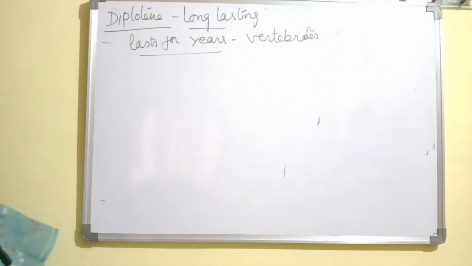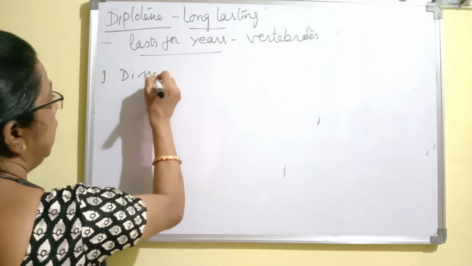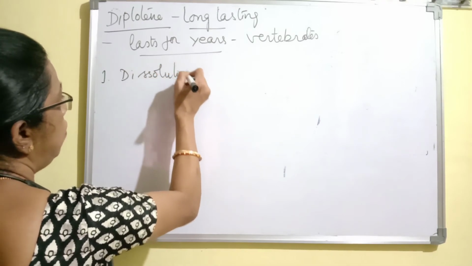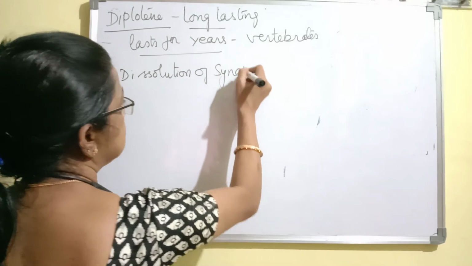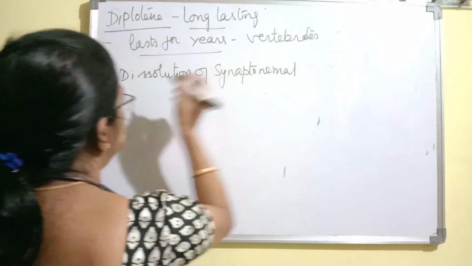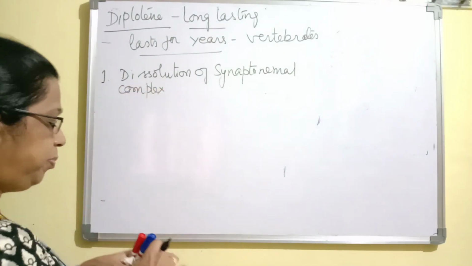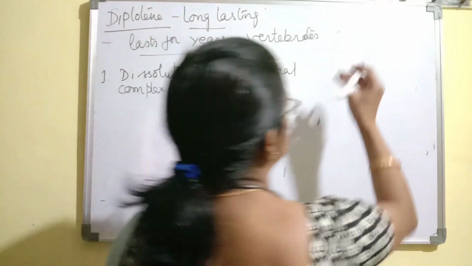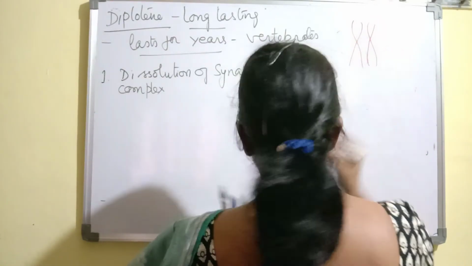Now in diplotene, the first important step is dissolution of the synaptonemal complex. I told you the synaptonemal complex is formed between the two homologous chromosomes.